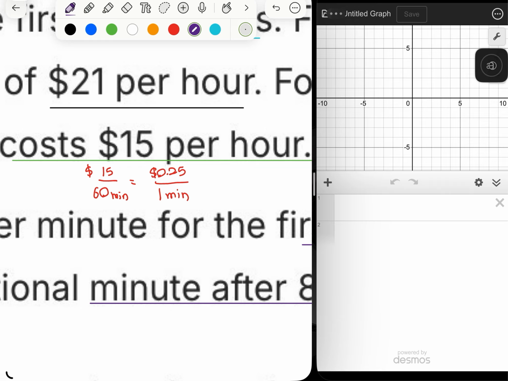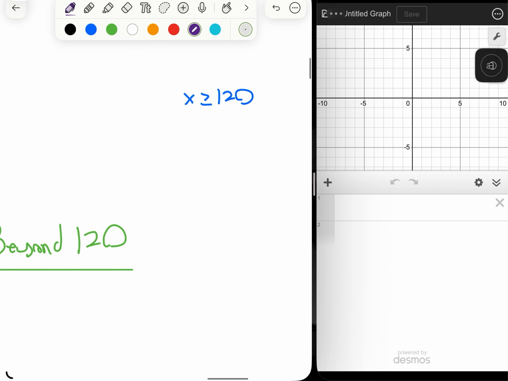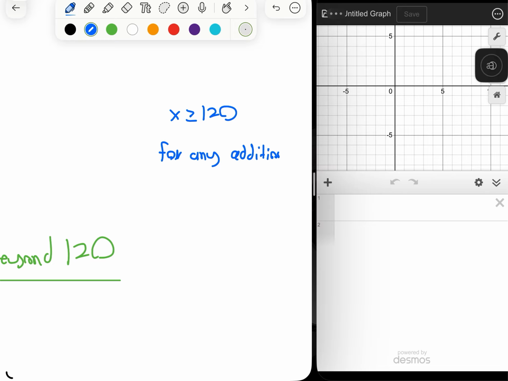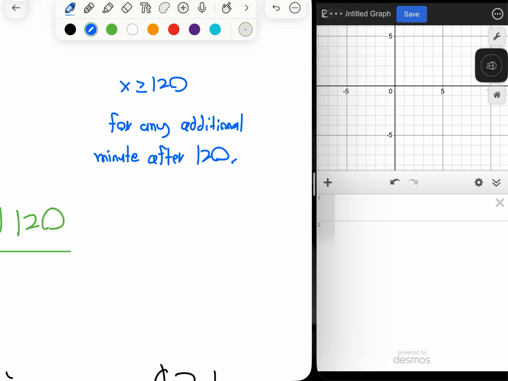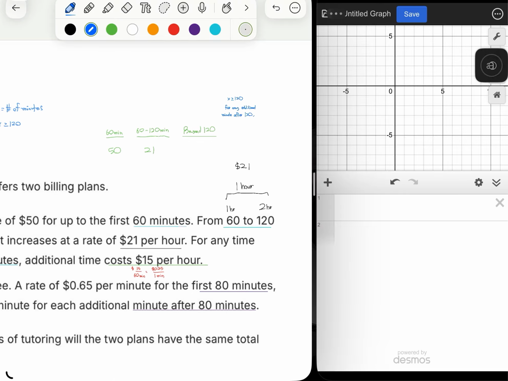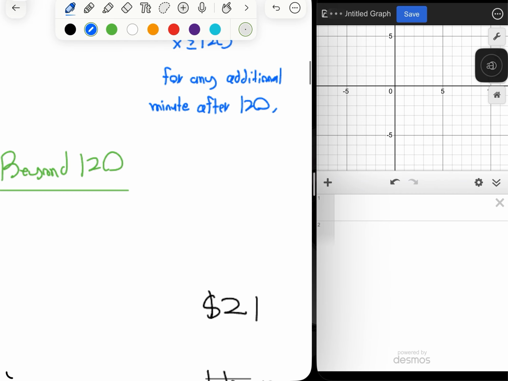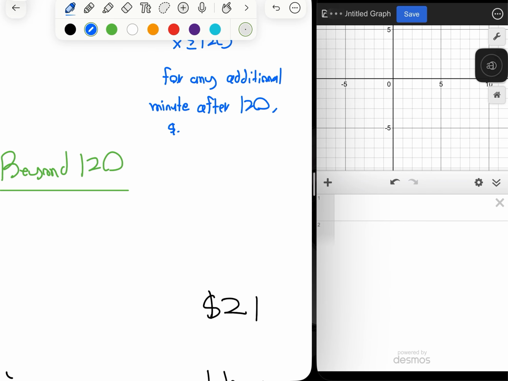So if it costs a quarter every minute, and this is beyond 120, that means for any additional minute after 120 minutes pass, the cost increases at 0.25 per minute.